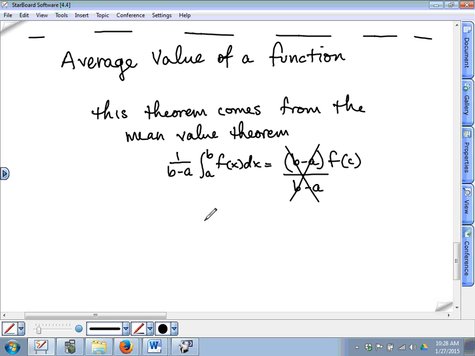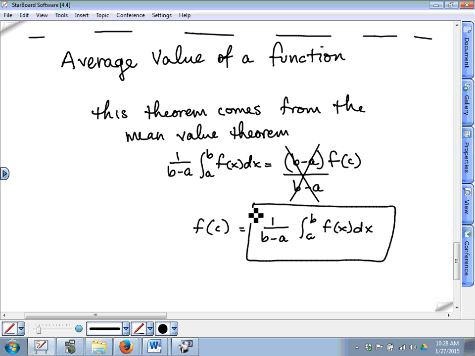This is the average value. f of c equals 1 over b minus a times the integral from a to b of f of x dx. This is called the average value.